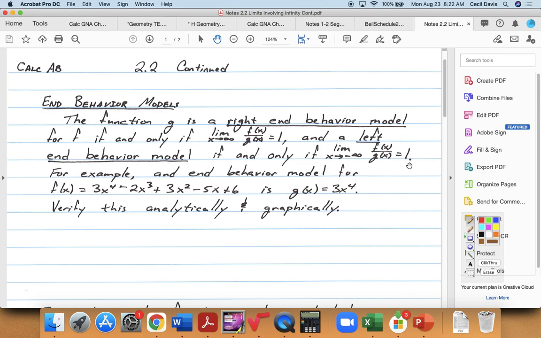Okay? So, for example, and that should say an end behavior model for f of x, not and end behavior model. Let's see if I can fix that. There we go.